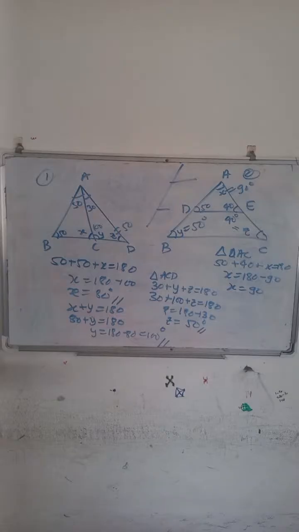Write down: if one angle of a triangle is 60 degrees, and the other two angles are in ratio 1:2, find the angles.